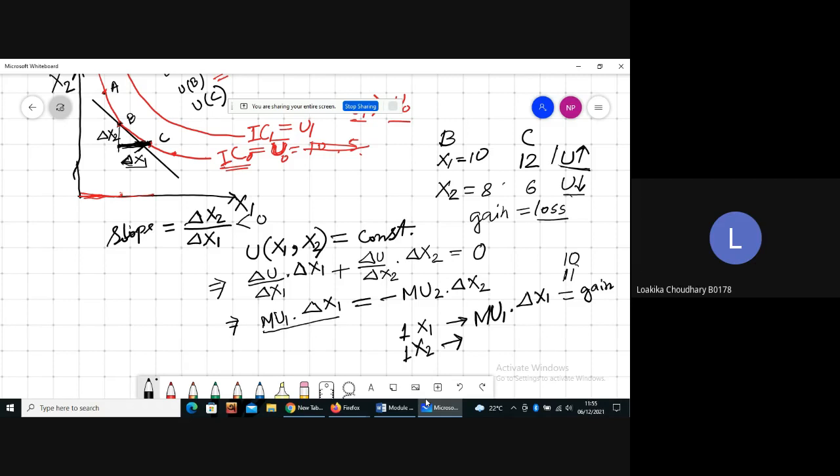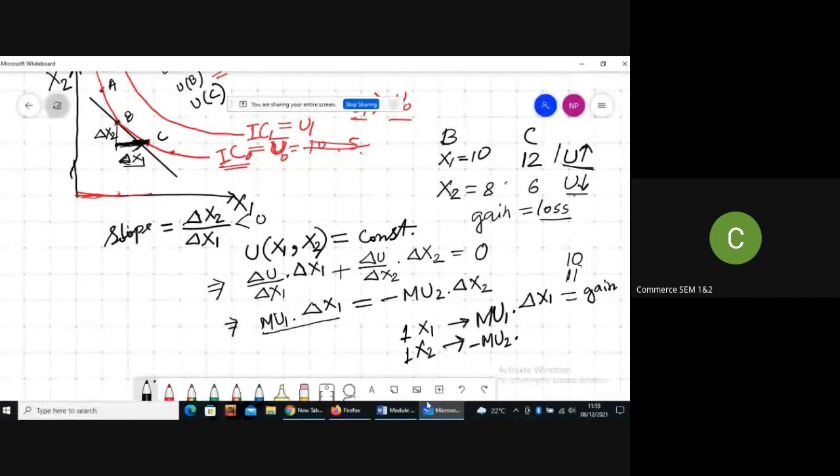Sir, 1 MU. This is the marginal utility of commodity 2, MU2. Minus MU2, because the consumer is losing 1 unit of X2, so this will be a loss in utility.